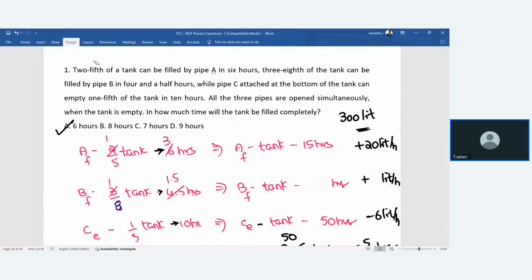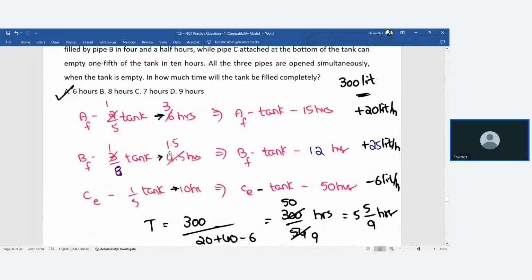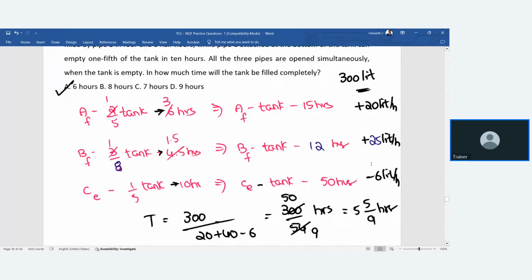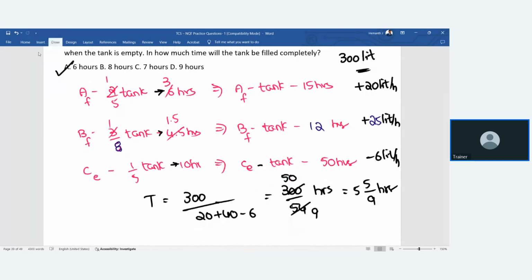Before concluding, we need to make sure: this is 12 hours, so this will be 25. 45 minus 6, we get 39 as the denominator. So 15, 12 and 50, I took 300. 12 into 25 is 300, perfect. 50 into 6 also 300. So 45 minus 6, then the denominator will be 39.